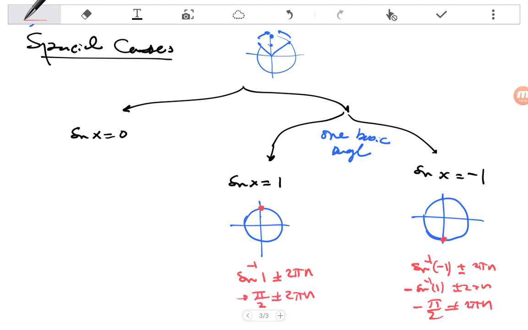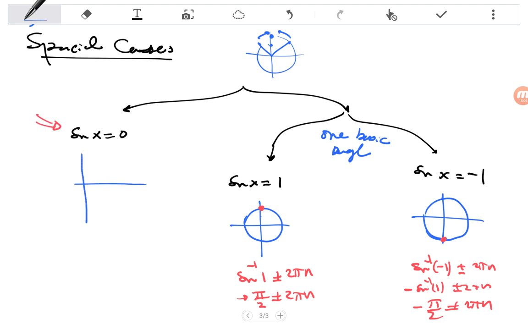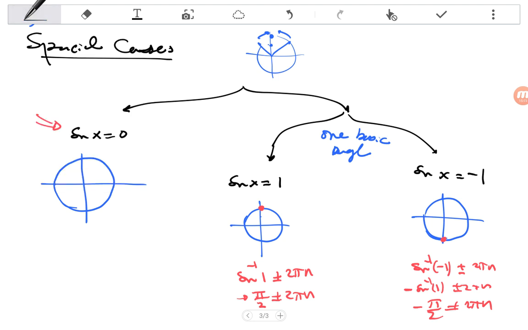these two special cases. Okay, what about the case of sine x equal to 0? In this case, we'll just have 2 basic angles, but we will encounter this situation. The 2 basic angles are apart from each other by an angle which is exactly pi. In a general case, the 2 angles were apart with some angle between them.